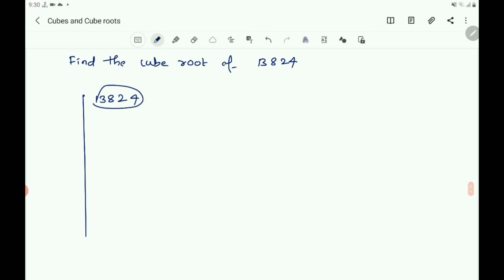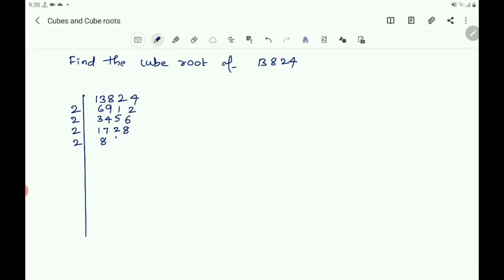You know that it is divisible by 2. 2 6s are 12 and 1 is remaining. 2 9s are 18, 2 1s are 2, 2 2s are 4. Again it is divisible by 2. 2 3s are 6, 2 4s are 8, 2 5s are 10, 2 6s are 12. Then 2 7s are 14, 2 8s are 16.